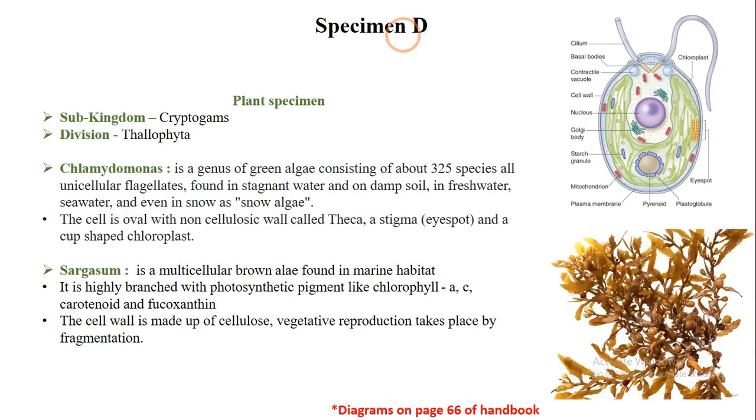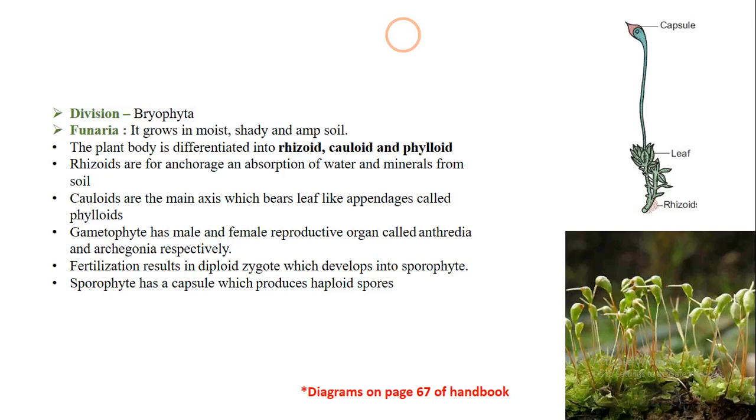Spot D has all plant specimens, and we studied the two subkingdoms of plants, that is the cryptogams and the phanerogams. In cryptogams, we studied three divisions, the thallophyta, bryophyta and the pteridophyta. In thallophyta, we studied Chlamydomonas and Sargassum as examples. In bryophyta, we studied Funaria.